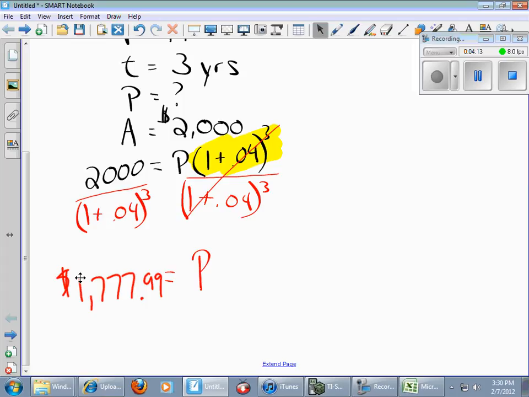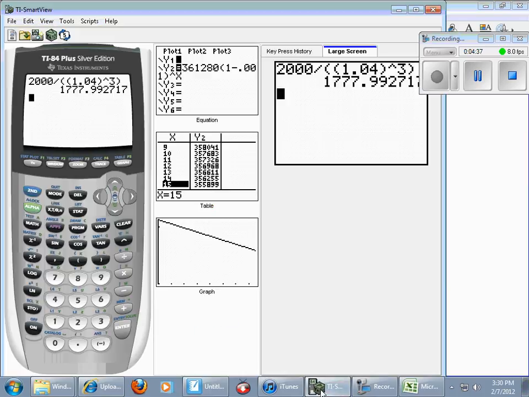I could gain up to 2,000, which seems kind of low, but let's test it and make sure we're right. If I take 1777.99 and multiply by 1 plus 0.04 to the third power, I should get 2,000. Now, I might be a hair off because that 99 cents is rounded down, but let's see what happens.